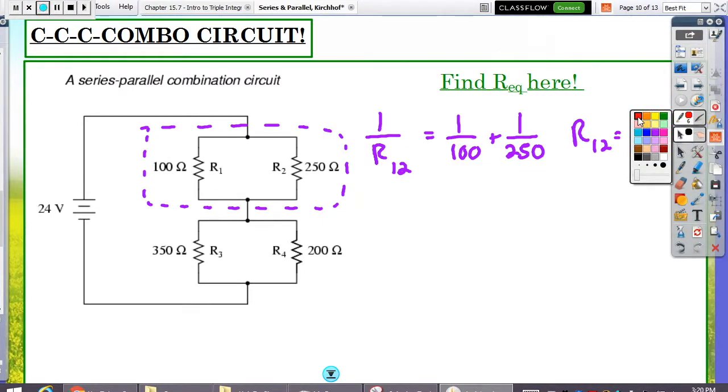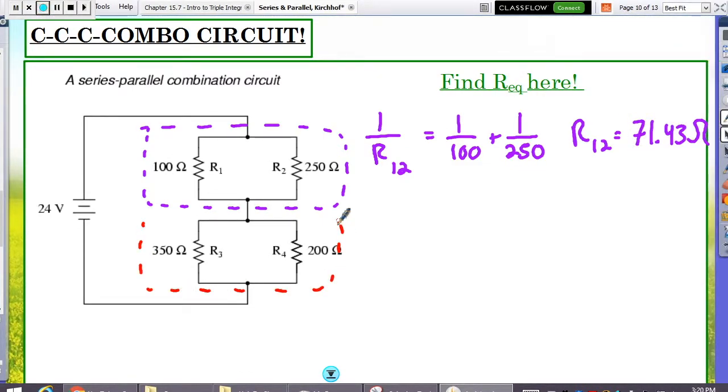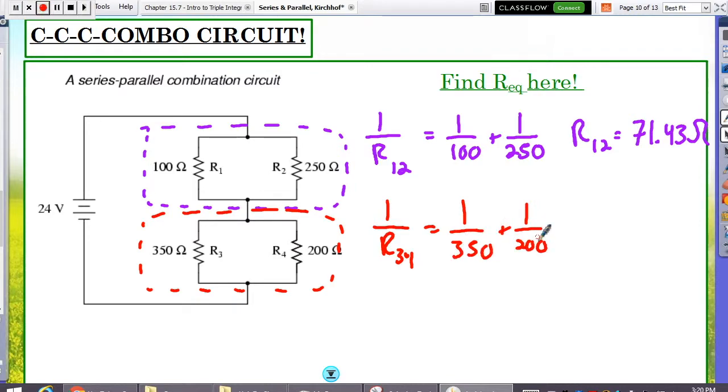I'm going to do the same thing over here. Smush R3 and R4 together. 1 over 350 plus 1 over 200. And if you solve that out, that gives you an R34 of 127.27 ohms.